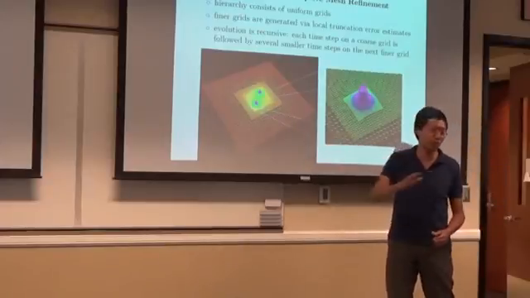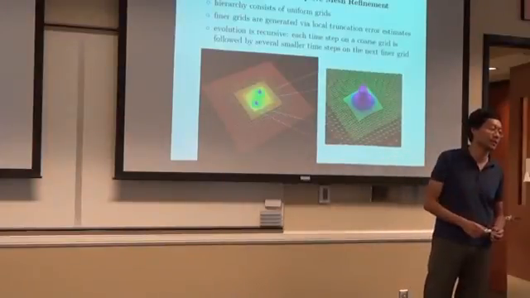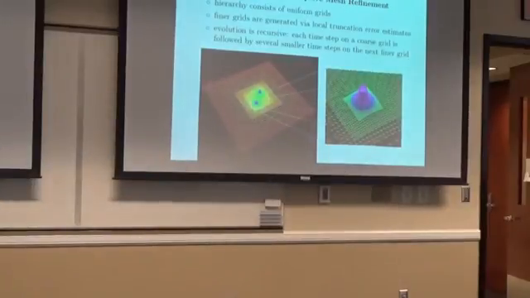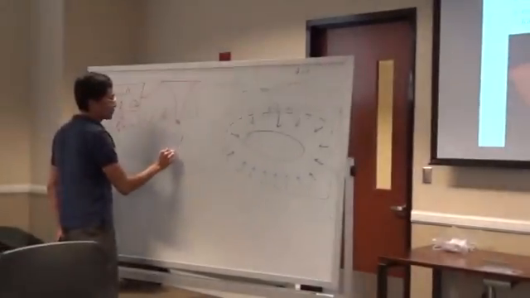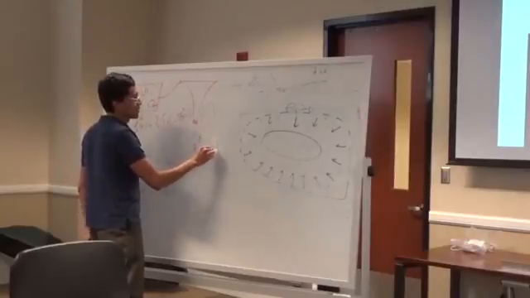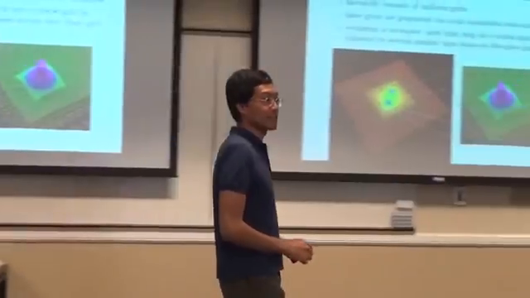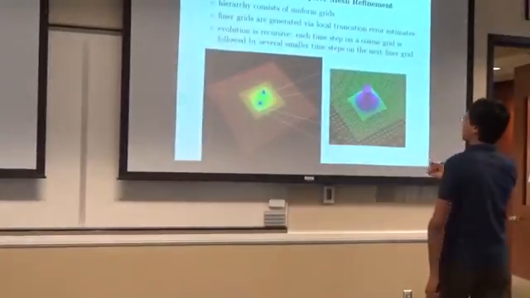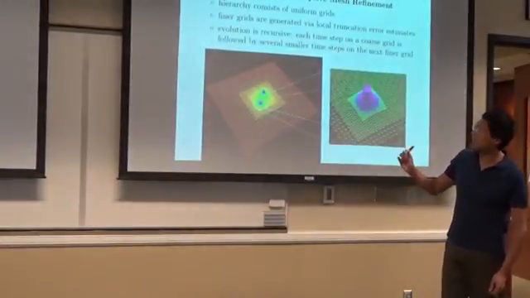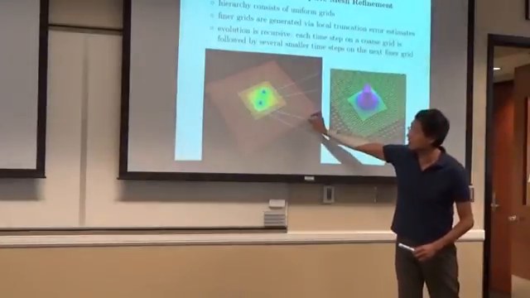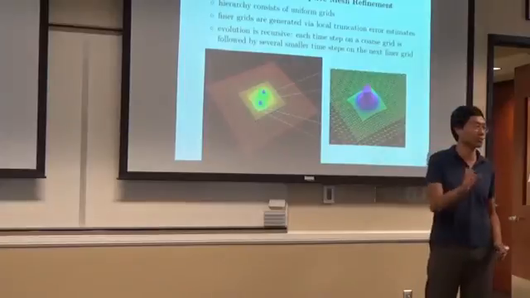the finest grid for sure you have to evolve at a smaller time step, according to the condition we'd written down earlier, which is that the time step has to be proportional to the mesh spacing. You could imagine evolving all of the grids with that small time step, but what the Berger-Oliger algorithm does instead is evolve the coarsest grid according to the time step set by its coarse resolution.